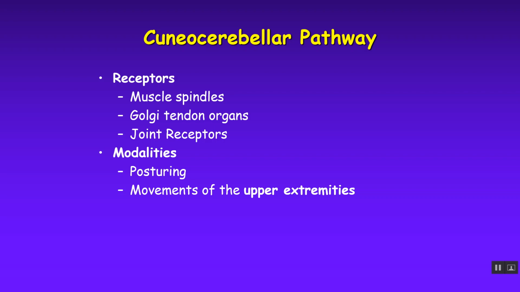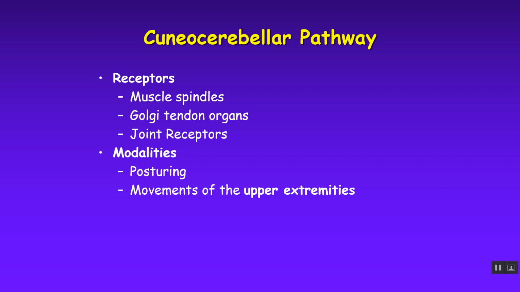Let's talk about the upper extremity equivalent of that, the cuneocerebellar. If you remember the cuneate nucleus, that's also upper body, but conscious proprioception. So that's how I remember the cuneocerebellar tract: it's the upper body equivalent of the spinocerebellar for unconscious proprioception.